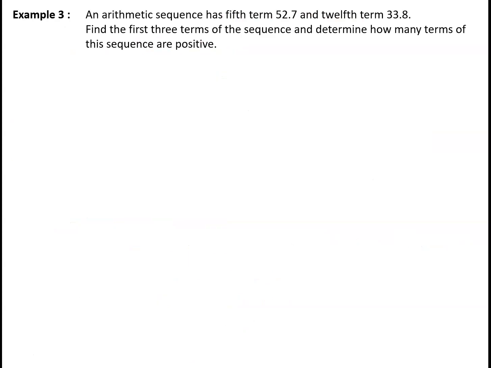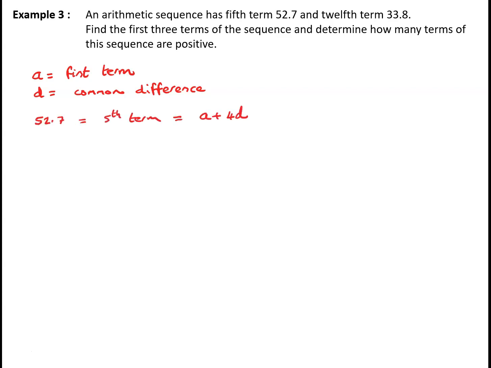An arithmetic progression has 5th term 52.7 and 12th term 33.8. We've got to find the first 3 terms of the sequence and determine how many terms of this sequence are positive. Well, suppose the first term is a and the common difference is d. Then the 5th term is a plus 4d, so a plus 4d equals 52.7.